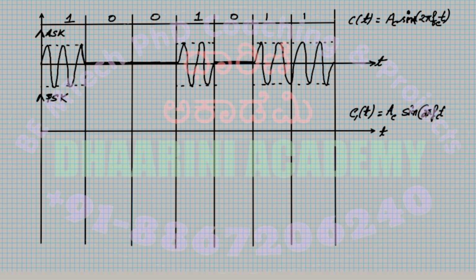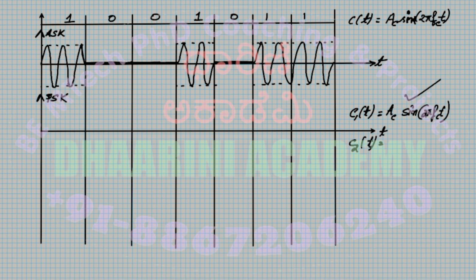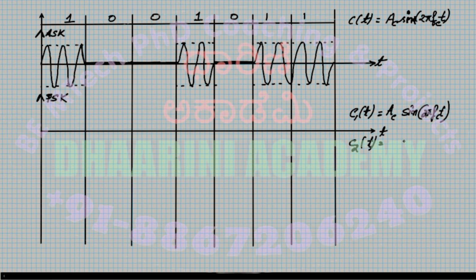This is the first carrier, but I need a second carrier C2 of t for the symbol 0. So divide the whole 360 into two parts, that's all.